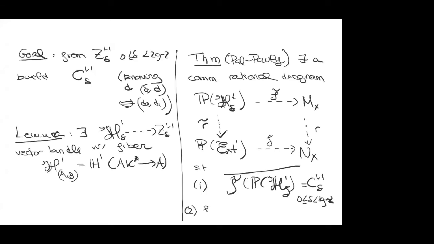Two, the image under F of this extension bundle is the wobbly locus of type delta, where it's not necessarily a divisor.